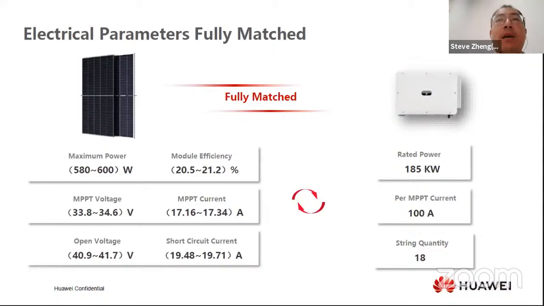This means per MPPT we can connect a maximum of 5 strings. And for the inverter, the maximum string quantity is 18. So this is a new model, and it is compatible with the maximum current of the PV panels.